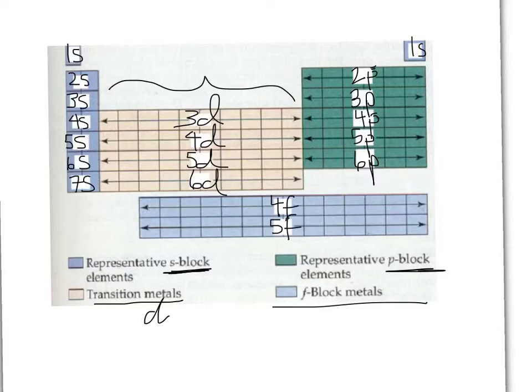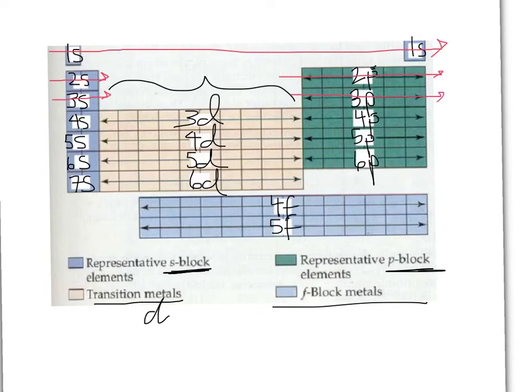So then what you're going to do is you go from left to right, top to bottom. 1s1, 1s2, 2s1, 2s2, 2p1, 2p2, 2p3, 2p4, 2p5, 2p6, 3s1, 3s2, 3p1, 3p2, 3p3, 3p4, 3p5, 3p6.